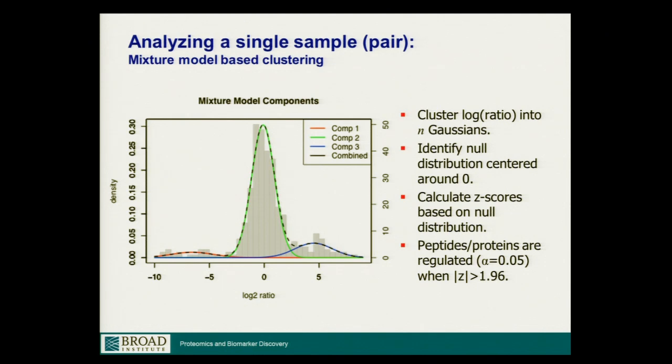So if you have one sample pair and you have a set of ratios that you have calculated, the black dotted line is a smooth histogram of the ratios that you have. You can see the histogram in the light gray. The black dotted line is the actual smooth histogram, if you use some smoothing software to do it. So now you can do this thing called mixture model analysis, where you say, I have some histogram, approximate it with the least number of normal distributions possible.